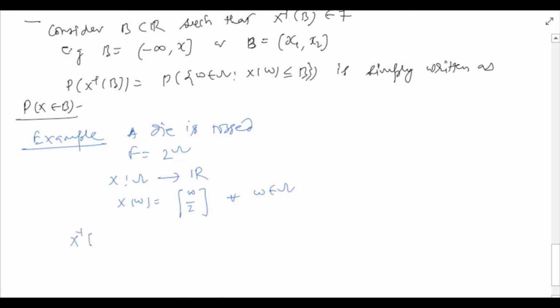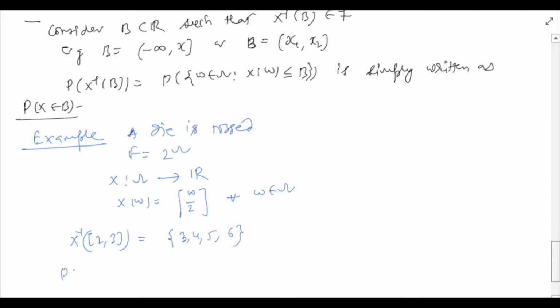Then the pre-image of the set [2, 3] will be the collection of all sample points that are mapped to 2 or 3, and it can be easily observed that this pre-image is {3, 4, 5, 6}.